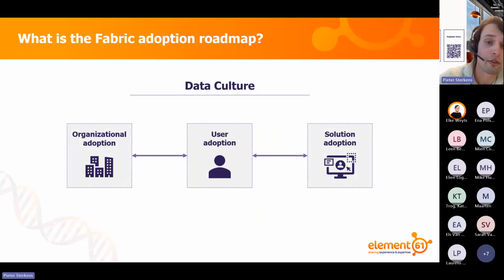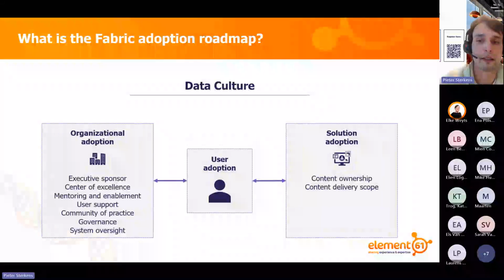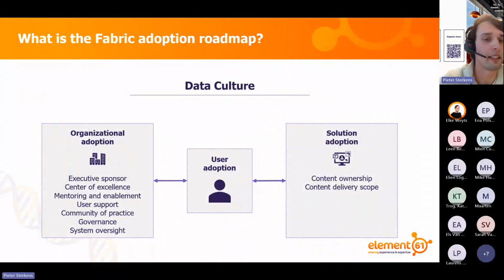And we also discussed earlier that solutions, what you see on the right, is not enough. You also need processes and organizational adoption to support these solutions and to trigger people to use them. And the roadmap defines exactly that, 9 key areas of potential improvement. Some are process-based on how you can support adoption, others really look at how you create your solution and tailor it to your end user audience.